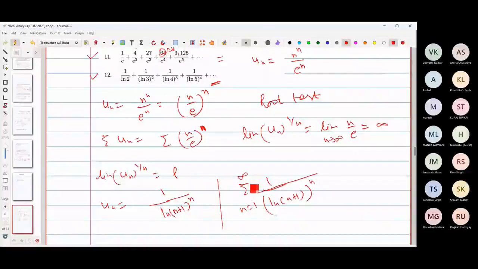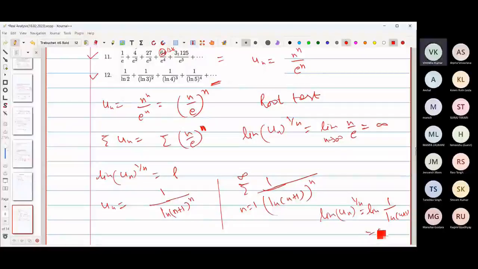Okay. So for this also, which test will you apply? Sir, root test. Sure, it's a to the power n, sir. This is un, so you can use the limit of un to the power 1 by n. So the limit becomes 1 upon log (n plus 1).